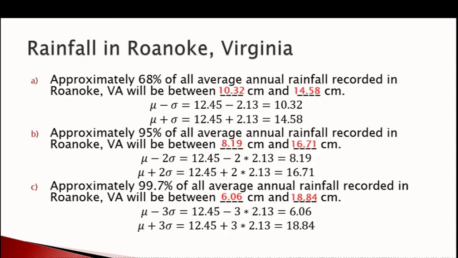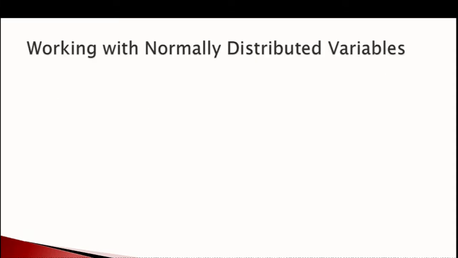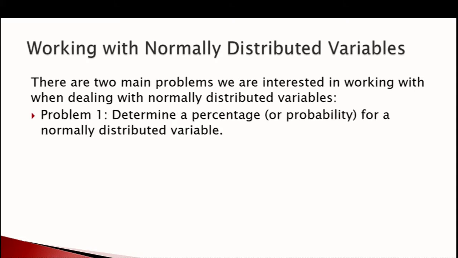So when you're working with normally distributed variables, you boil down to two main problems of interest. The first problem is to determine a percentage or a probability for a normally distributed variable.